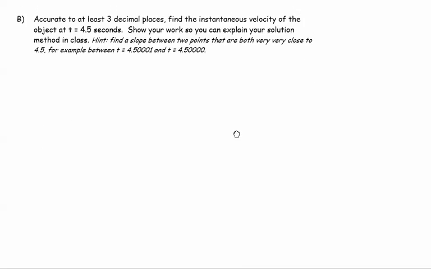All right, so accurate to 3 decimal places, how can we come up with an instantaneous velocity at 4.5? Well, again, you're going to do the same idea that we did in the previous problem. We can't do an instantaneous velocity, but we can cheat and we can use 2 points that are so close to 4.5.